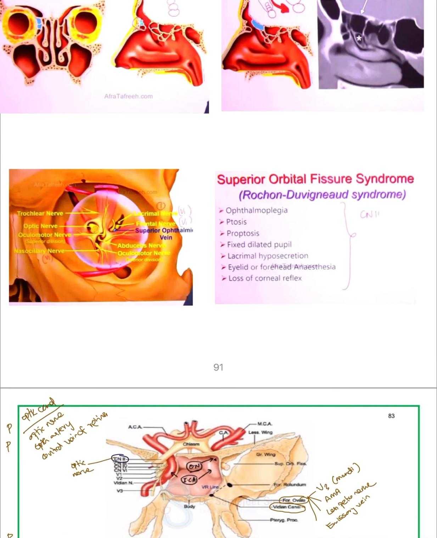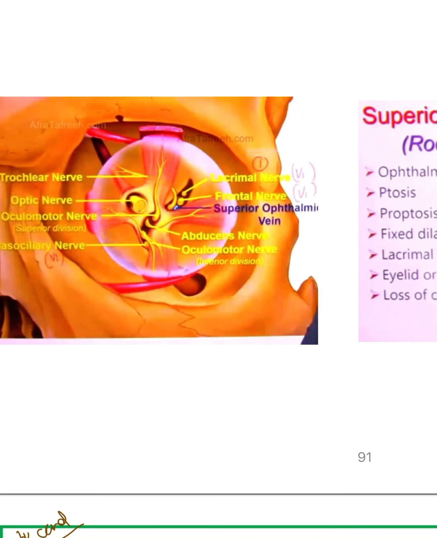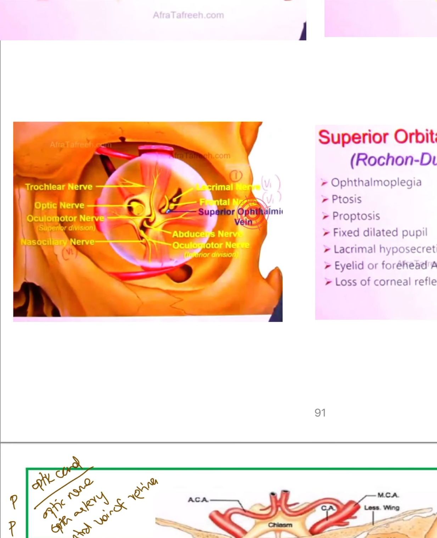Then you need to know about the superior orbital fissure syndrome, where it opens into the orbital cavity. So any constriction to this causes damage to nerves like the lacrimal nerve, then the frontal nerve, parts of the trigeminal nerve, then the superior ophthalmic vein, the trochlear nerve, oculomotor nerve, nasociliary nerve.